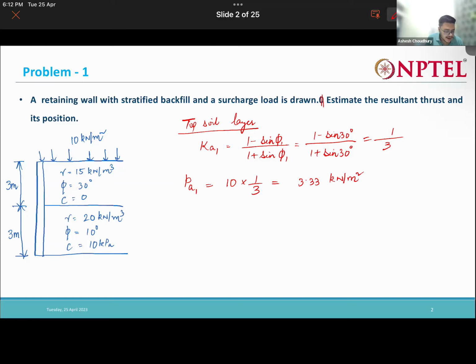The line of action will be at the center, h by 2.